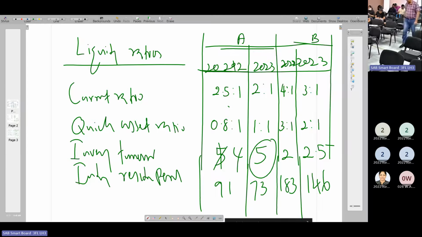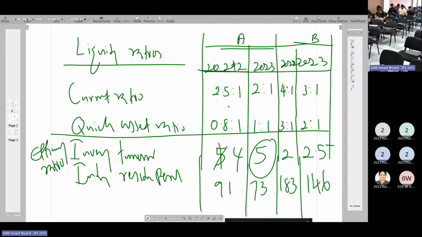Okay, debtors. Now, which ratios are we talking about here? Efficiency ratios. Some people discuss these under liquidity ratios. Next, I am talking about debtors turnover ratio. What do you mean by that? How frequently entities are selling their goods on credit?